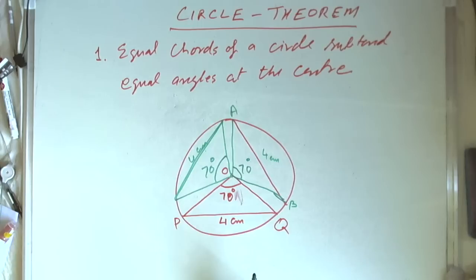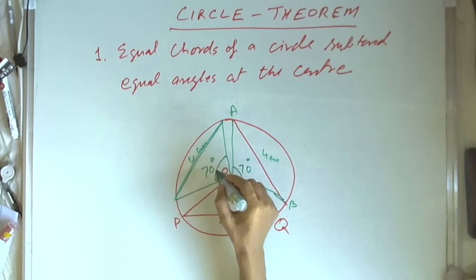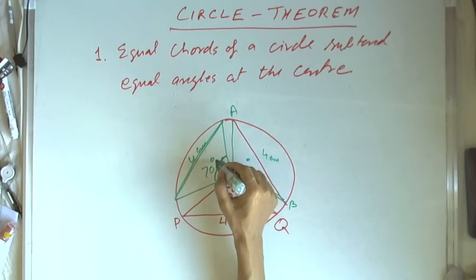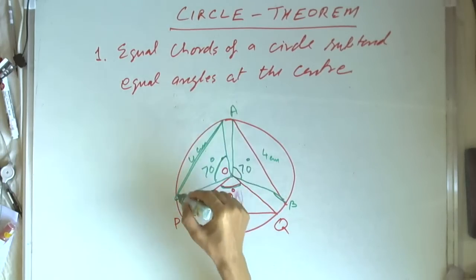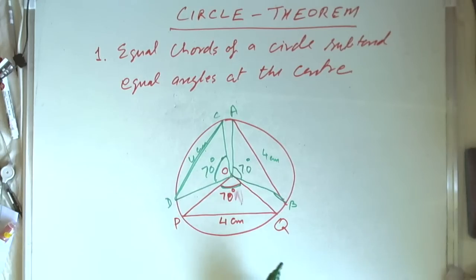And the converse of the theorem is, if two chords are subtending equal angles, so this is 70 degrees, 70 degrees, then the lengths of the chords are equal.